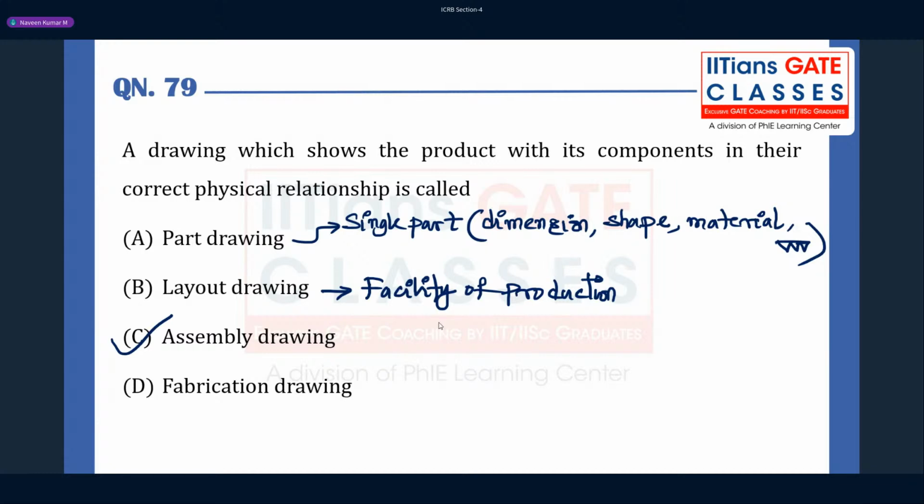It doesn't say anything about the physical relationship between the parts. The physical relationship between the parts will be told by the assembly drawing. Hope I'm not confusing you. Hope you understand the main differences between part, layout and assembly drawings. For this question, the appropriate option is assembly drawing. Okay. Next.